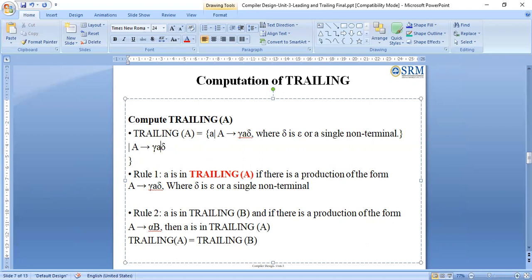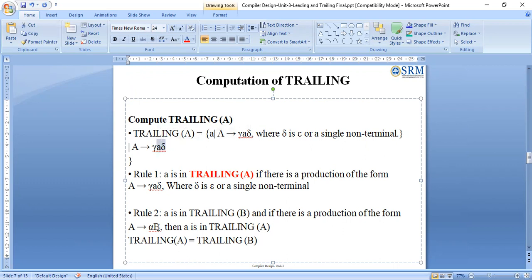The trailing of A is from the last, what is the first symbol? Here, A. So trailing of A is small a, that is the terminal. The exact definition is: the trailing of non-terminal symbol A is equal to the last terminal symbol in the right side of the production. From the last, when you trace, the terminal symbol is a.